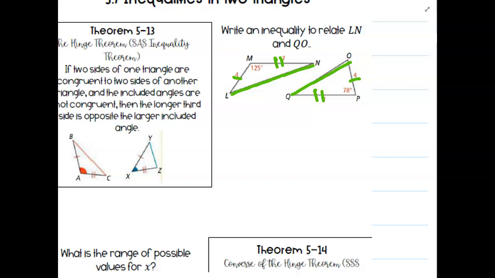Notice angle M is 125 and angle P is 78. This is the bigger angle. Since angle M is bigger, and the sides are congruent, I can conclude that LN is going to be greater than QO. Since the sides are congruent, that's the big thing. We're talking about the included angle.